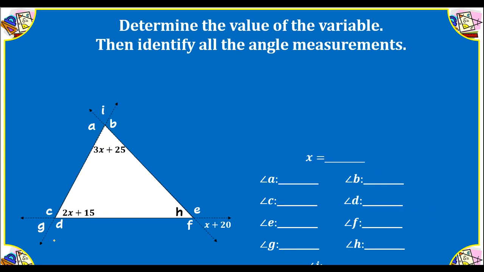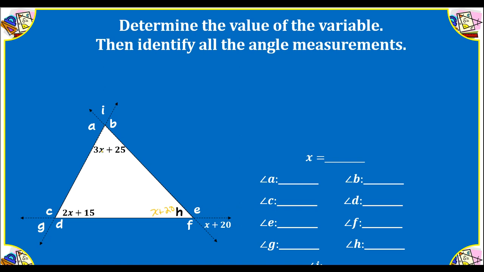Okay, so let's look at this diagram. It's a big puzzle. We know that these three angles add up to 180, but we don't have any angle measurements here. We also know that H and this vertical angle, this x plus 20, which is not an exterior angle, but it is vertical to H, meaning that H is also x plus 20.